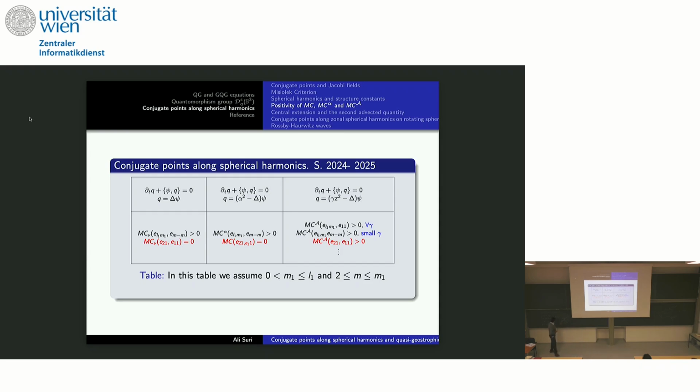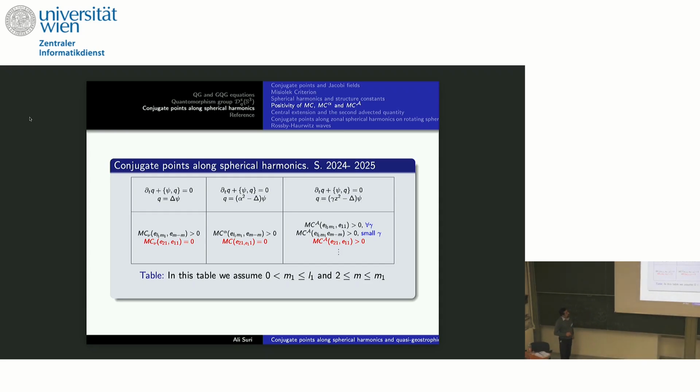The same is true for the quasi-geostrophic setting. We have conjugate points, positive curvature. And here in this global quasi-geostrophic setting, we have even more directions for catching, so directions which did not exist in the previous settings.